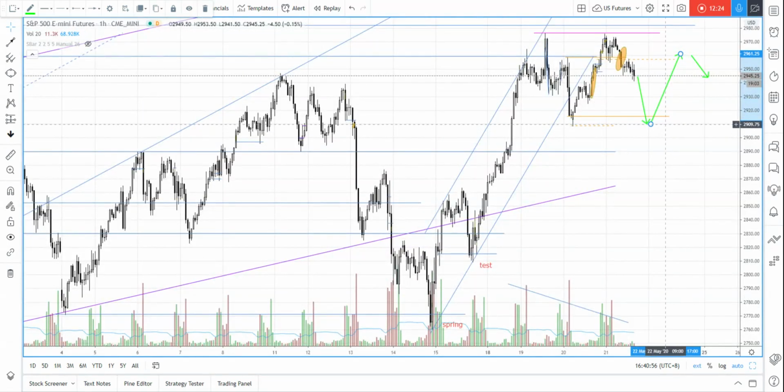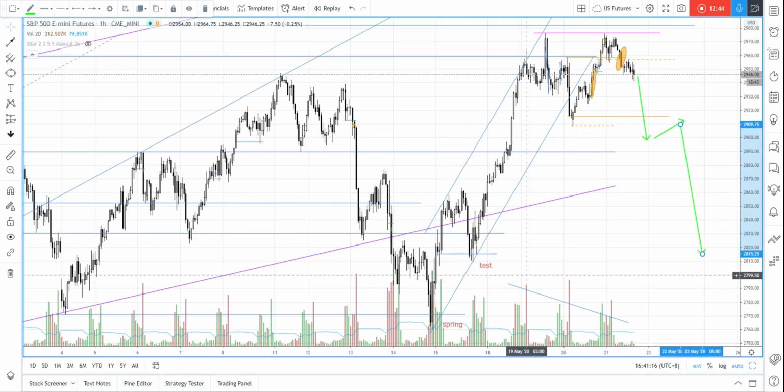However, if today's or later turnout is a failure or commitment below the 2910, so just a break below, maybe followed by a weak rally up, inability to go up, then I think we should see further downside to test the swing low again. So this is one of the key levels that I pay attention to, like 2910.